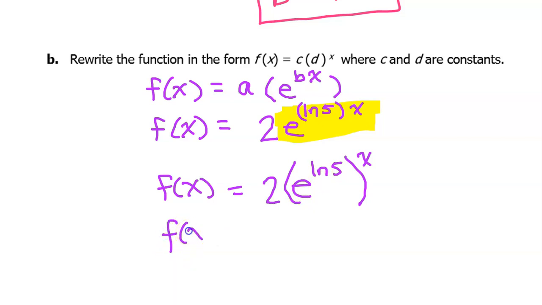So you end up with f(x) equals 2 times 5 to the x power. And this is exactly what we were asked to find. A form of the equation where we had c times d to the x power. Here we have 2 times 5 to the x power. So that's the answer.